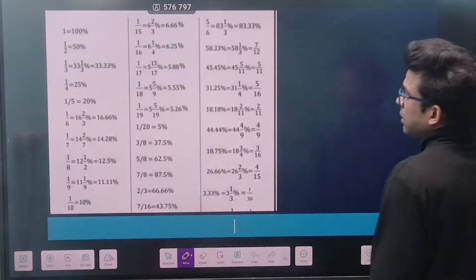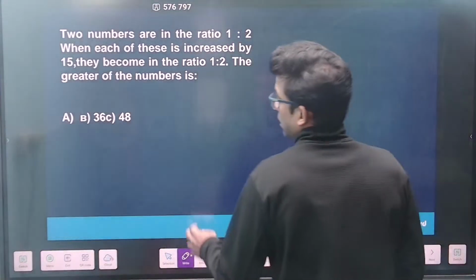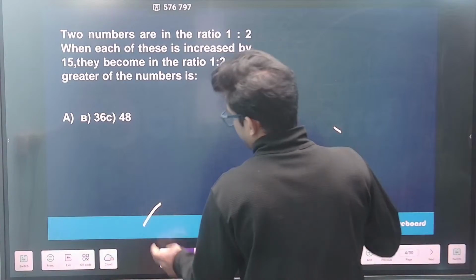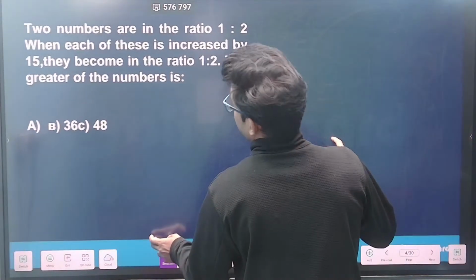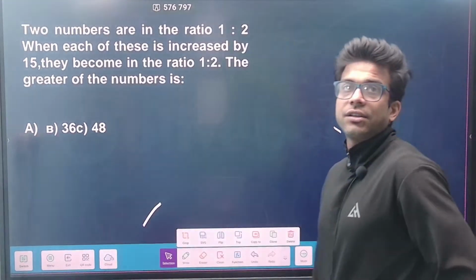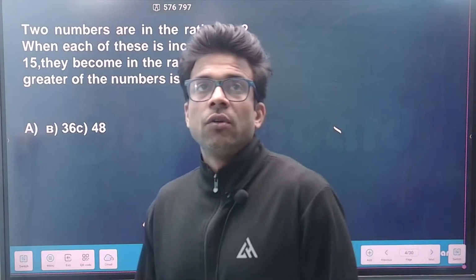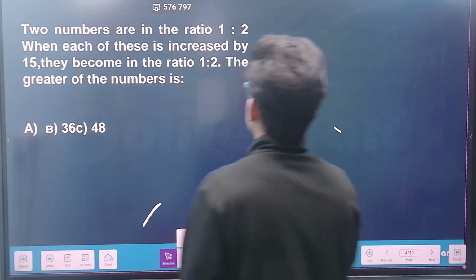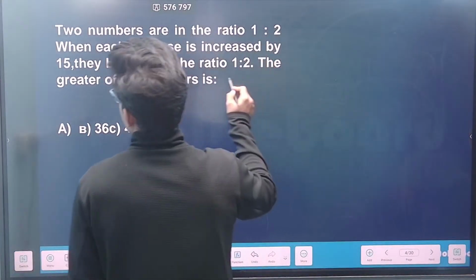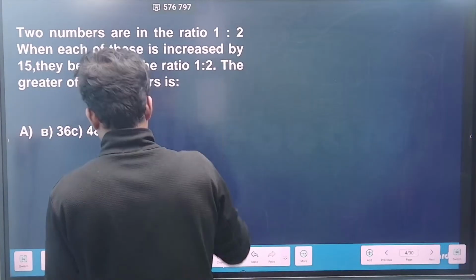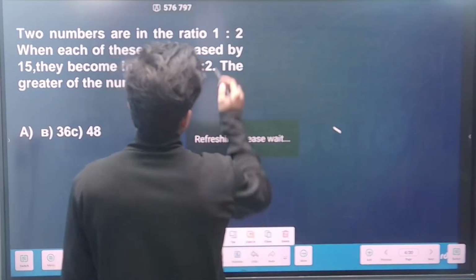Let me give you the first question. Two numbers are in the ratio 1 1/2 and 2 2/3. This is a previous year question, everyone.